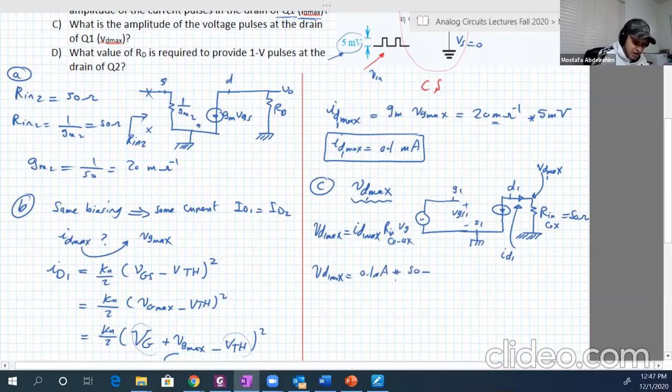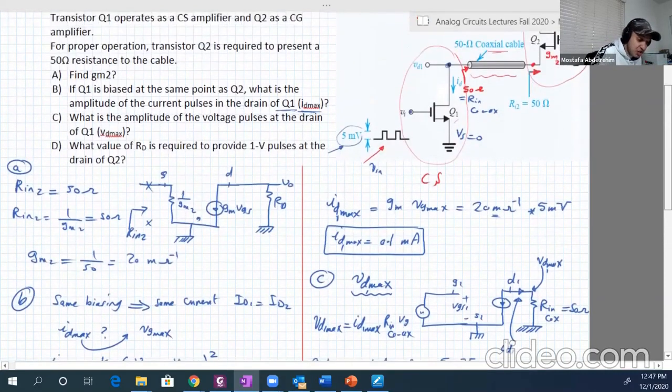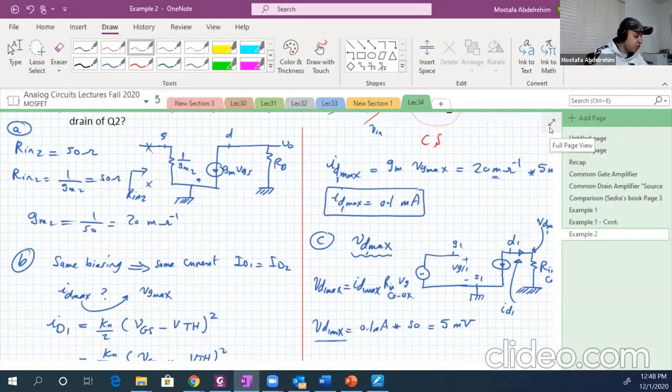We can leave it as ohm, and the result will be in millivolt. So this will be 5 millivolt, the maximum output that we can see in the common source stage. Okay, guys. So see you next time.